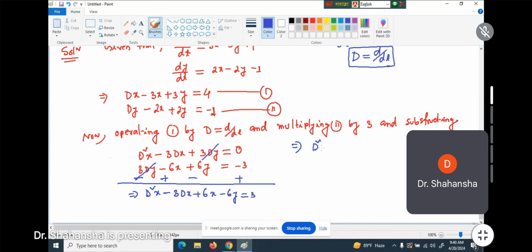So d square x minus 3 dx plus 6x, plus 6y, that means from equation 1, 6y equals 2 into Dx minus 3x minus 4, equals 3. Am I right?